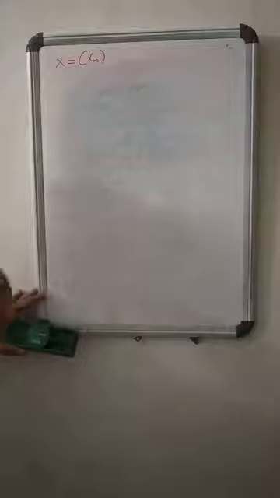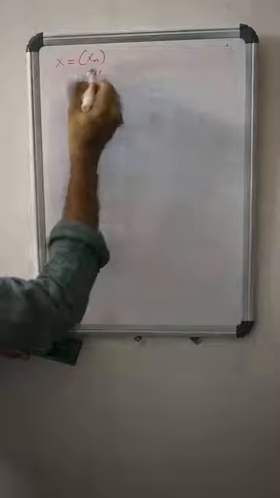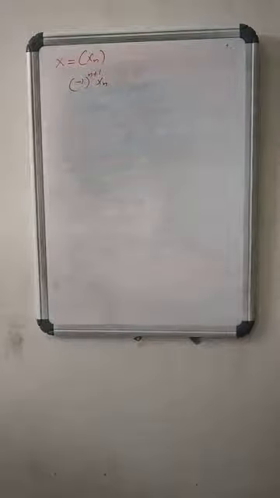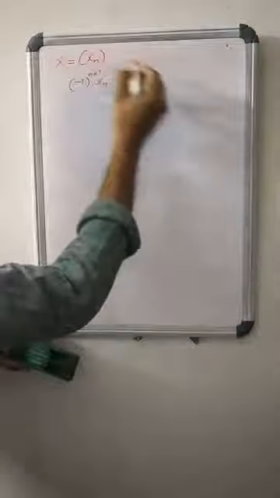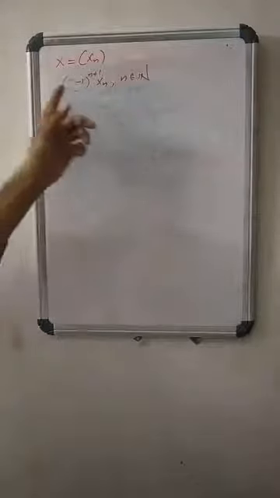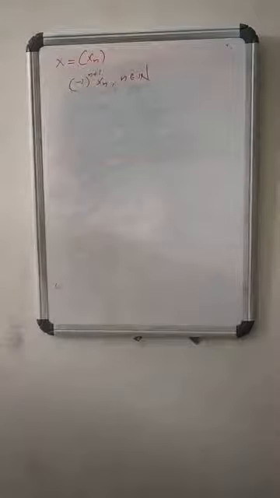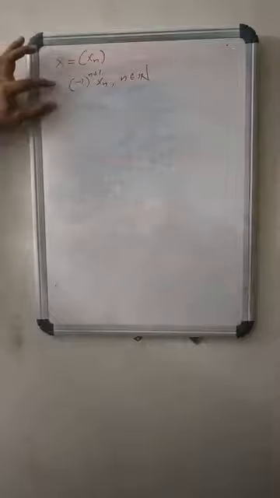Then it is said to be alternating if the terms (-1)^(n+1) xn, where n is a natural number, are either all positive or all negative.